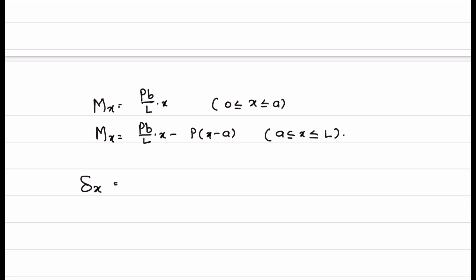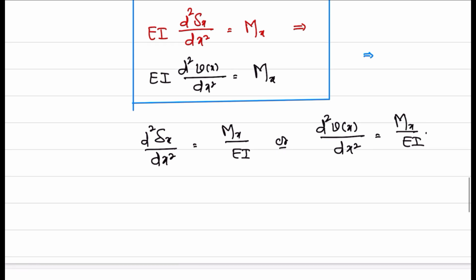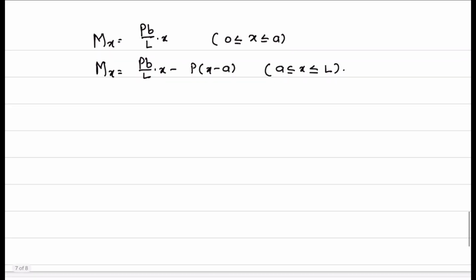Let's not directly go for delta x, we'll put the values of Mx in this equation. d square delta x by dx square is equal to Mx, that is Pb by L into x into 1 by EI.